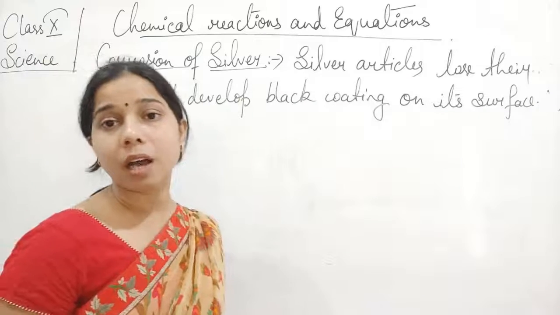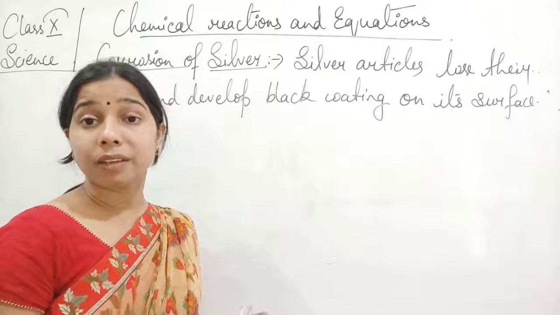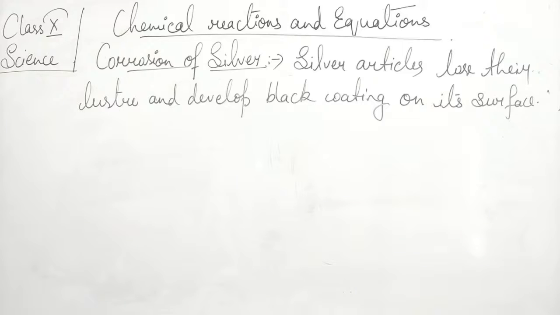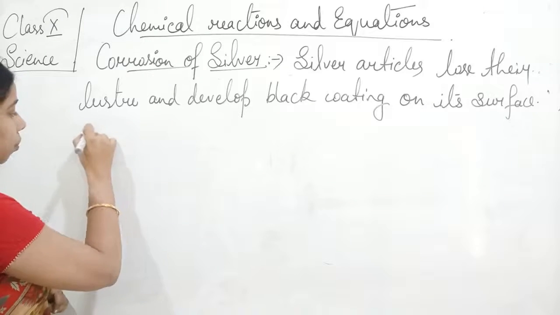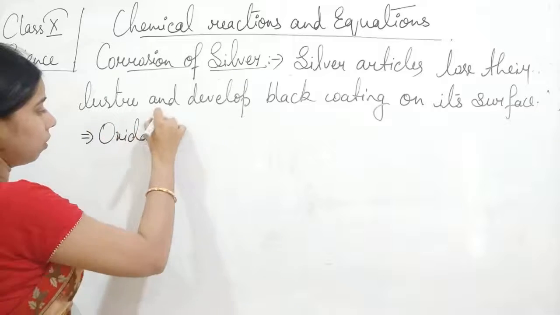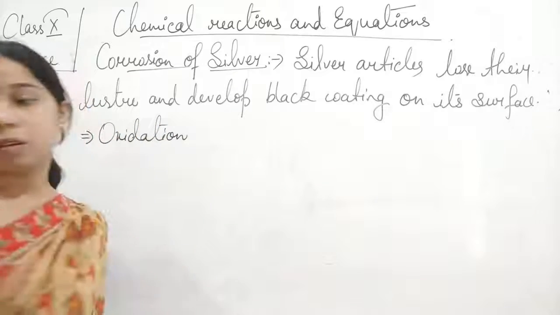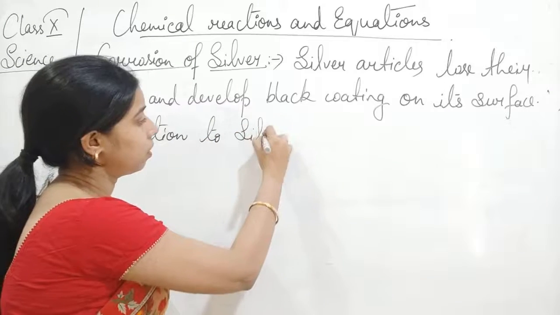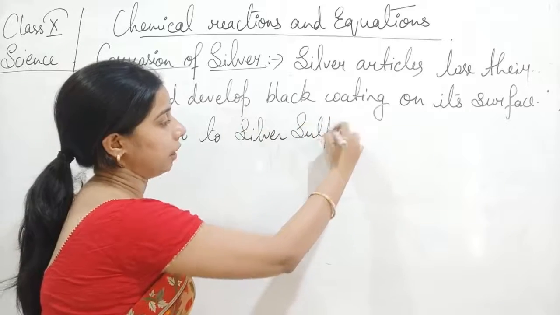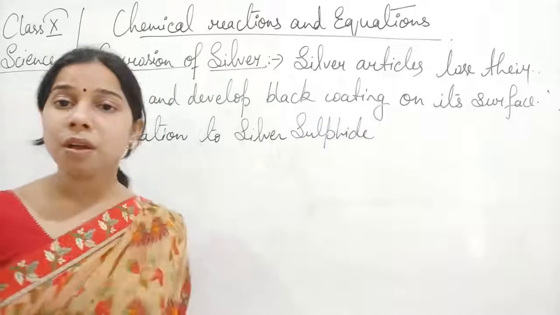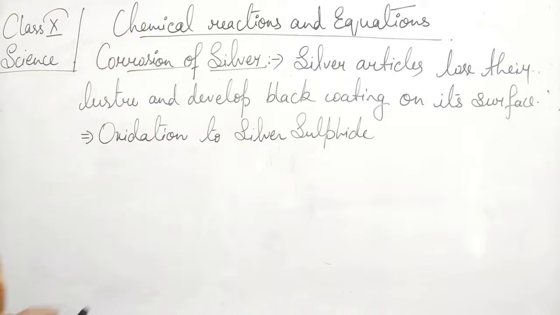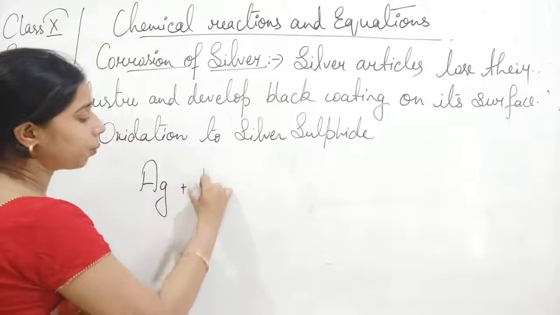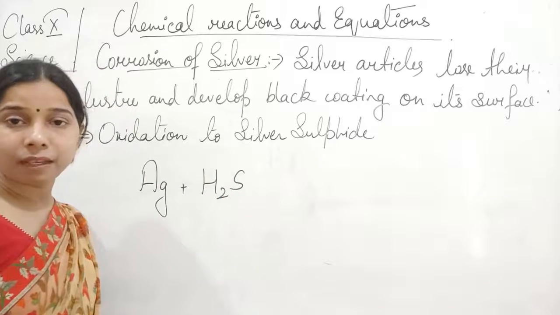This we call as the oxidation of the silver, that will give the silver sulfide. So this is due to oxidation to silver sulfide, and this happens when this silver, that is Ag, reacts with the hydrogen sulfide H2S.